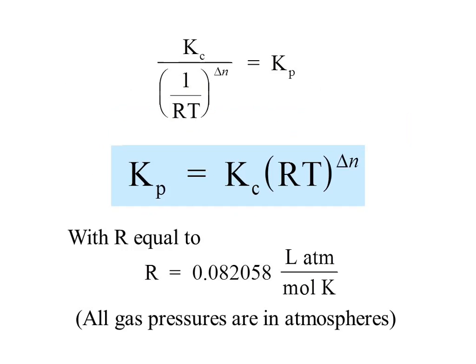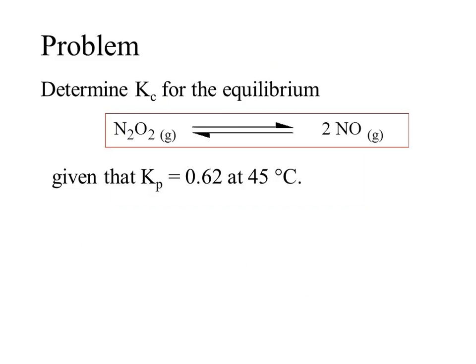The value for R that we're going to use is in liters atmospheres per mole Kelvin, and the partial pressures need to be in units of atmospheres if we use that value for R.